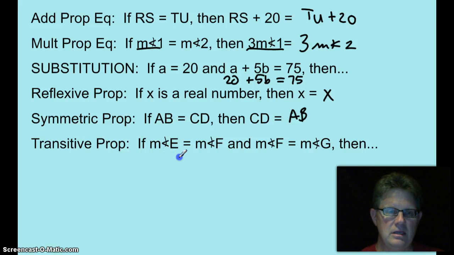If the measure of angle E equals the measure of angle F, and the measure of angle F equals the measure of angle G, then the measure of angle E equals, that's right, the measure of angle G. And with this will conclude the notes on Honors Geometry 2.5, justifying steps in equations.